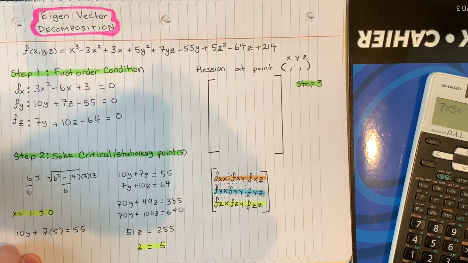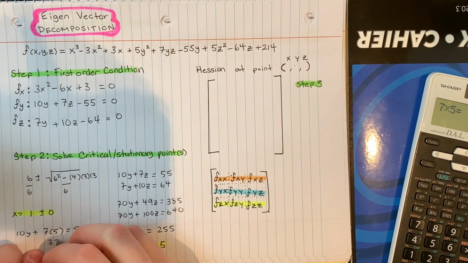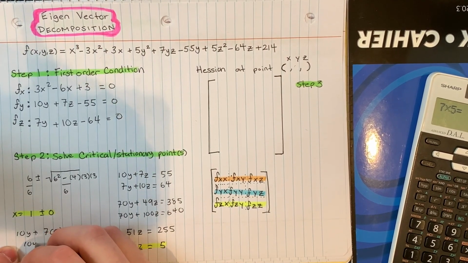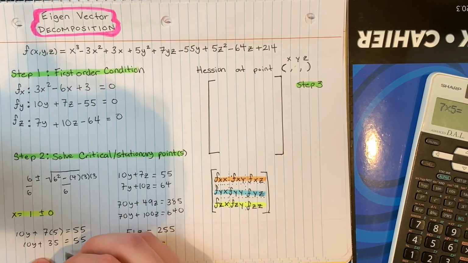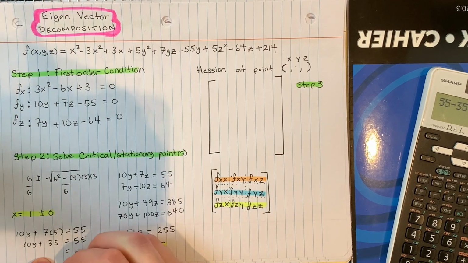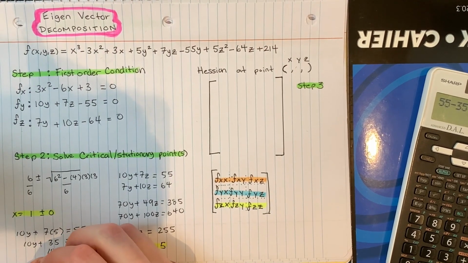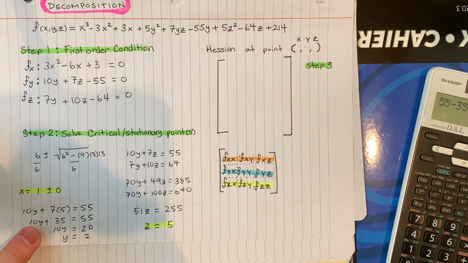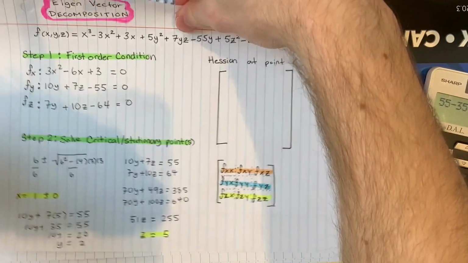What is 7 times 5? 35. And then 55 minus 35 is 20, divided by 10, that's 2, right? y equals 2. So now we have our critical point.